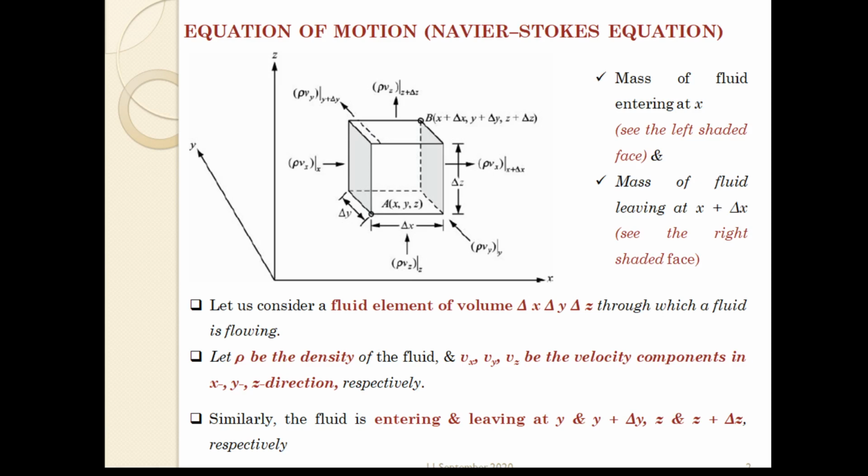As a result, there may be an unbalanced force on the control volume, and its momentum may change. So the rate of momentum accumulation equals the rate of momentum coming in minus the rate of momentum going out plus the summation of all forces acting on the system.